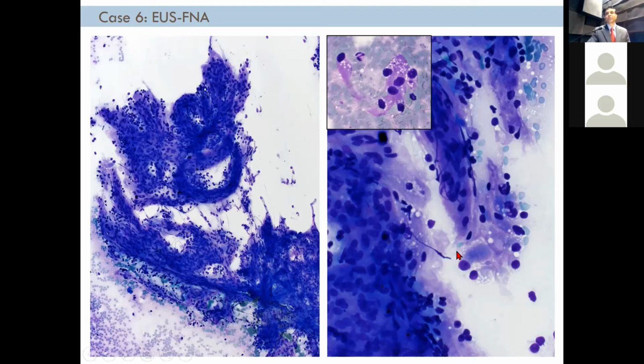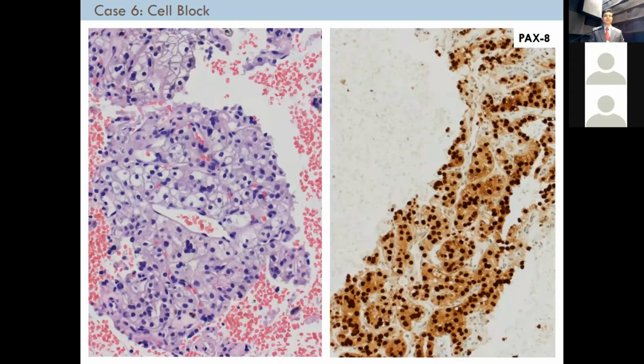If you look at the tumor cells, they show abundant cytoplasm with characteristic microvacuolations. And if you look at the nuclei, they are round and peripherally located, and in some cells they appear to be ready to be extruded. So this is the classical morphology of renal cell carcinoma. In this case, the cell block confirmed the diagnosis. As you can see nicely, the clear cell morphology and positivity of the tumor with PAX8.